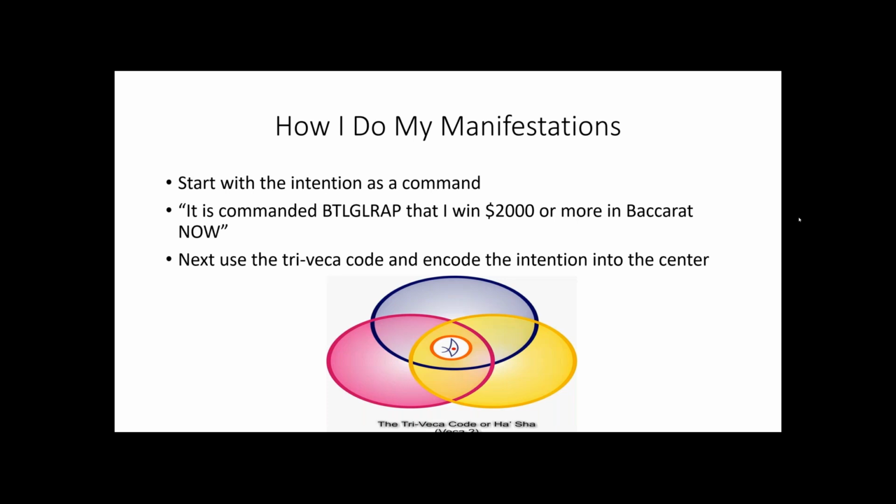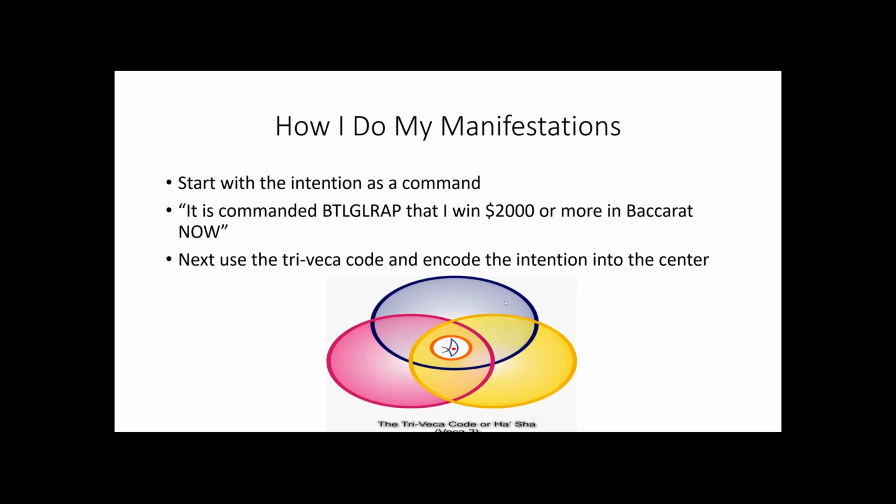It is commanded by the laws of the golden liquid realms and alchemical powers that I win 2,000 or more in Baccarat now. Okay, so I'm setting a manifestation in motion that we can go into a Baccarat simulator and see if we can manifest that immediately. So we set it in motion as a command.